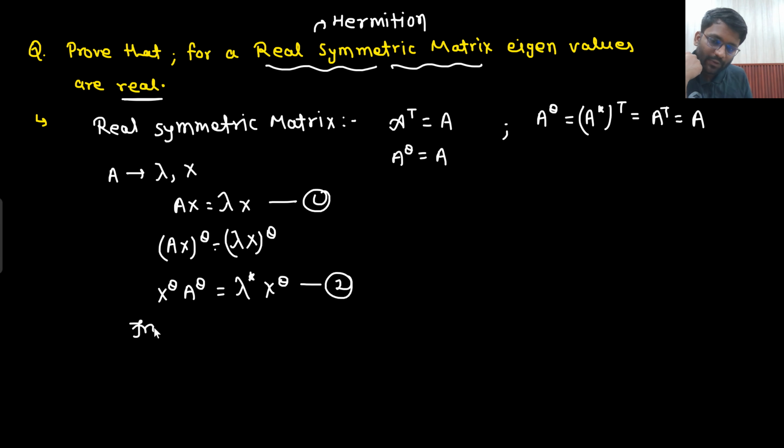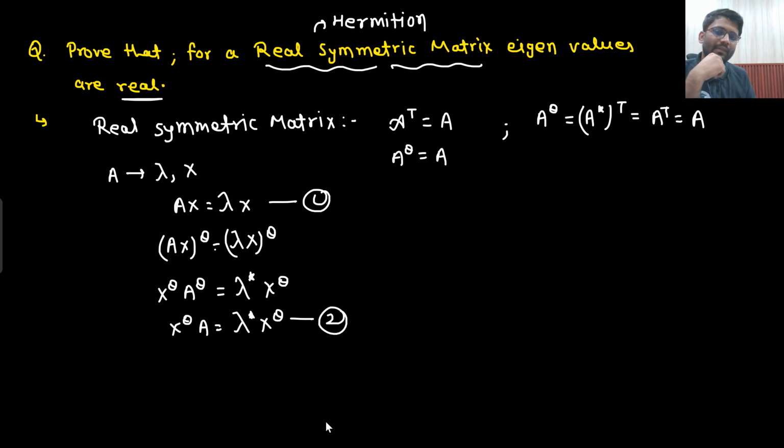Now from equation 1 what can we do? Basically I cannot proceed further. I need something like x conjugate A. And one more thing, this A conjugate could be written as A only, no? Now I don't have anything called x conjugate multiplied with A. But I have equation 1.